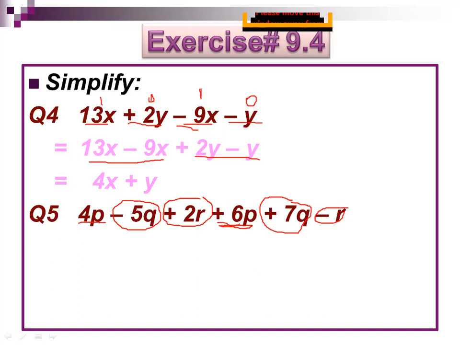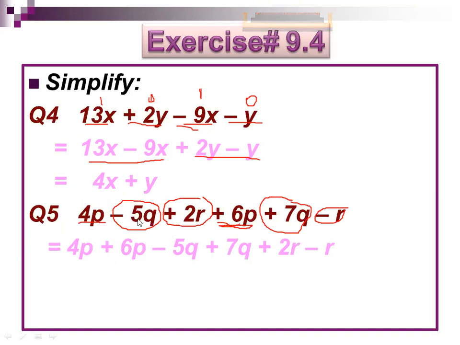So you will write your like terms together. First you will write 4p and plus 6p, then minus 5q and plus 7q, and then plus 2r and minus 2r. So you will arrange all the like terms together, p, q and r.